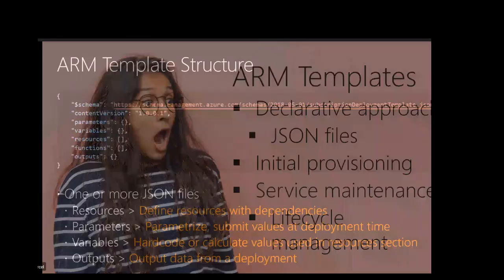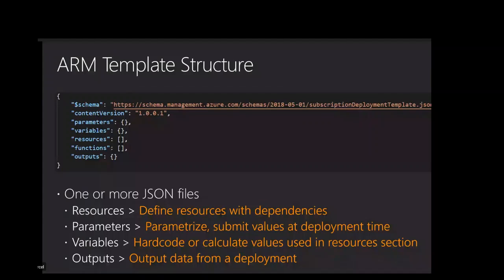Now, if you have a look at an ARM template, as I mentioned, an ARM template is a JSON file or a JSON file structure, and it consists of several parts. As you can see here, a schema that defines the schema of the JSON file, a content version, which is the version of your file, so it allows you to version your ARM templates, and then 5 main sections, which I only want to touch 2 of them today.